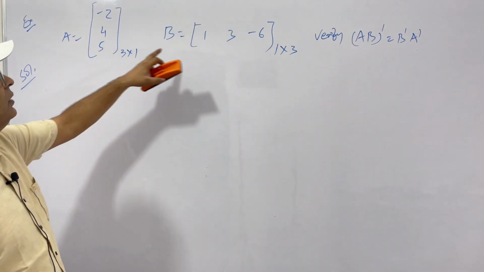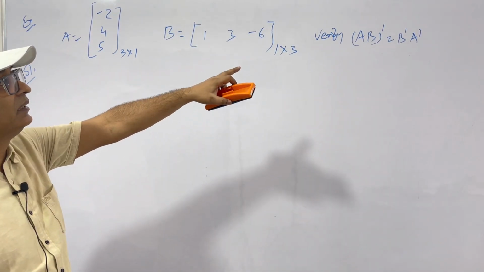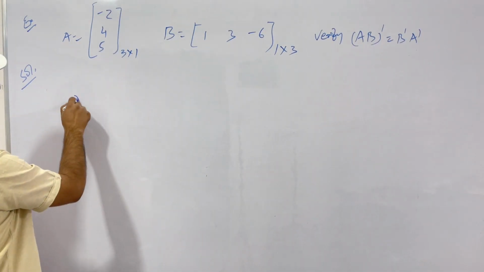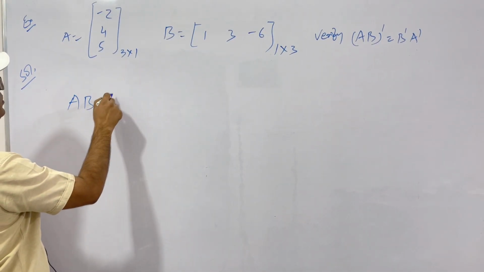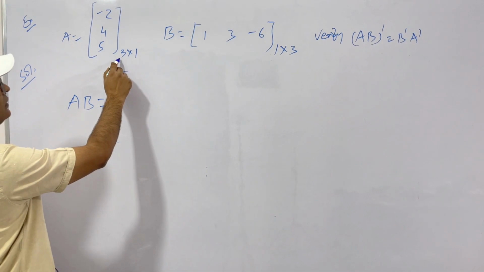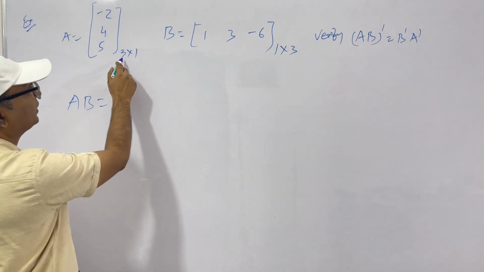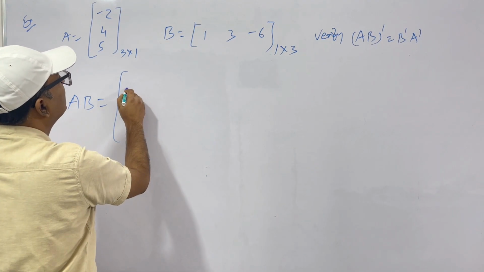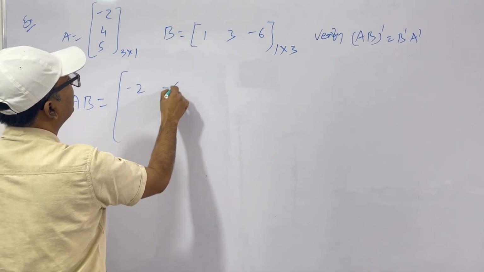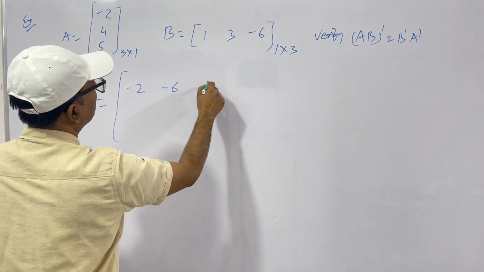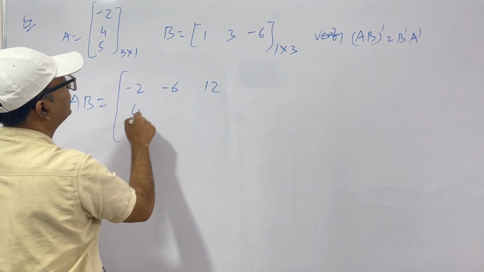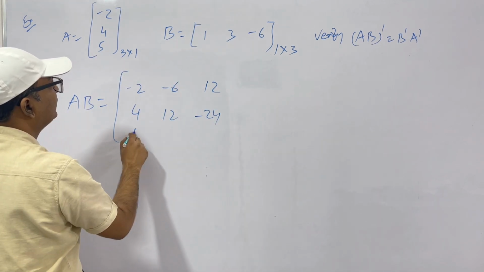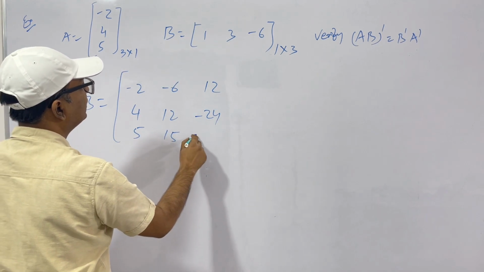We have matrix A and matrix B, and we have to verify that (AB)' is equal to B'A'. So first of all, let's take AB. What will be AB? This is 3 cross 1 and this is 1 cross 3, so the product will be 3 cross 3. So this is -2, -6 and 12; then 4, 12, -24; 5, 15, -30.